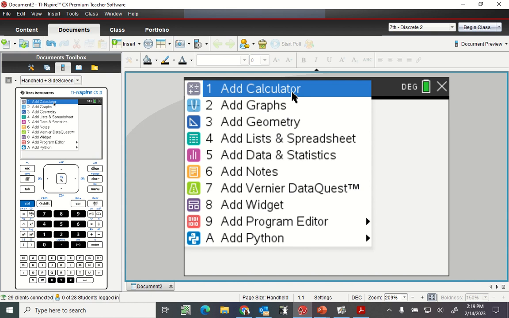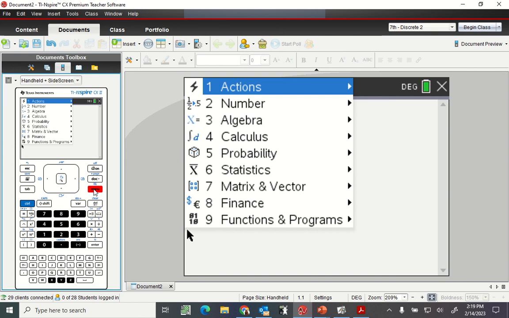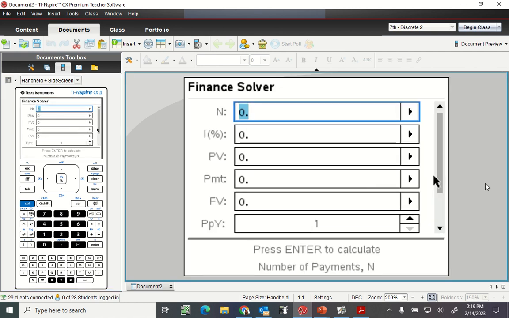After you add the calculator, it comes up like this. Menu, finance solver. So you wrote down the steps.